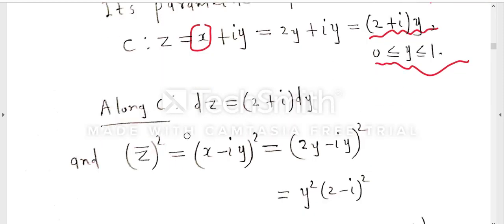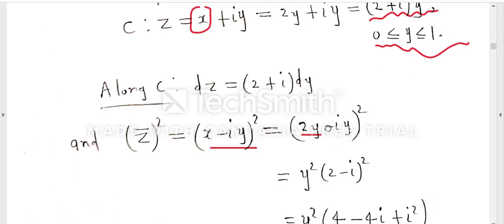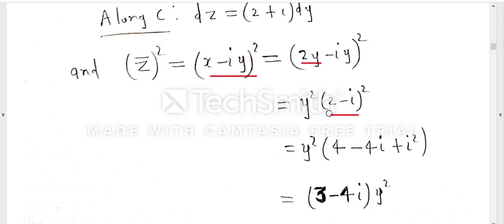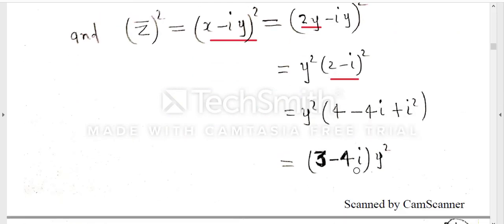The function is z bar square. So if z is x plus iy, z bar is x minus iy. And we first put x equal to 2y. So (2y minus iy) whole square. Now you can take y common. So y square into the square of (2 minus i). After simplifying this, you will obtain this.